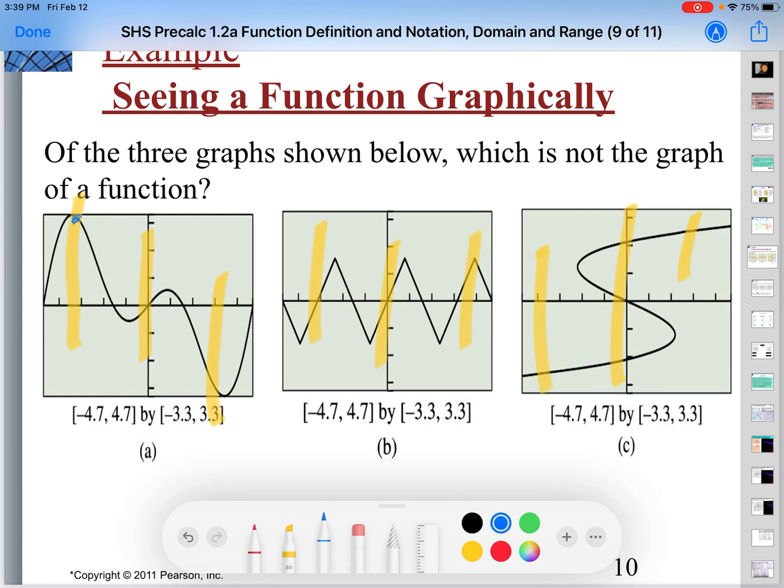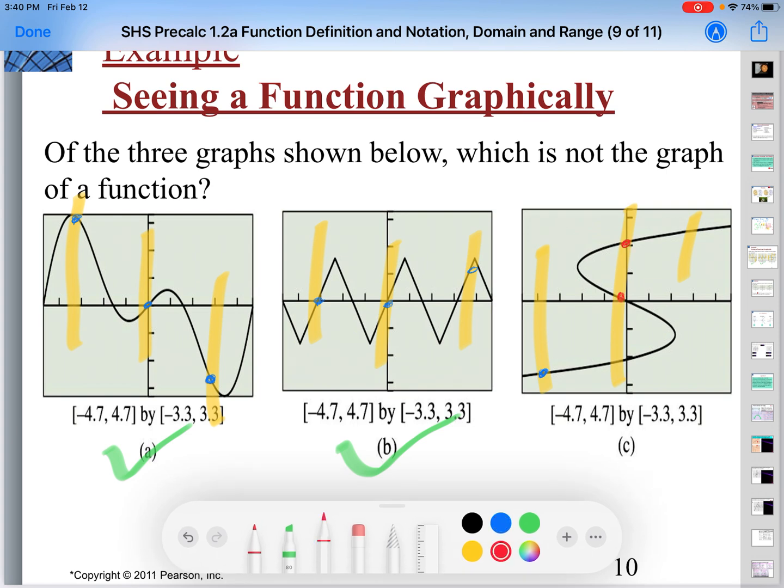So only 1 point here, 1 point here, 1 point here. So this one passes. Let's take a look at this one here. Same thing, 1 point. This one also passes. Okay, here, this passes, but at the red for no, this one fails.